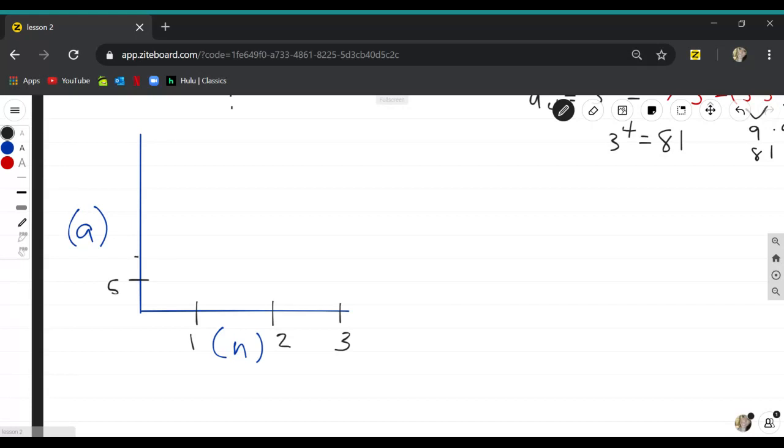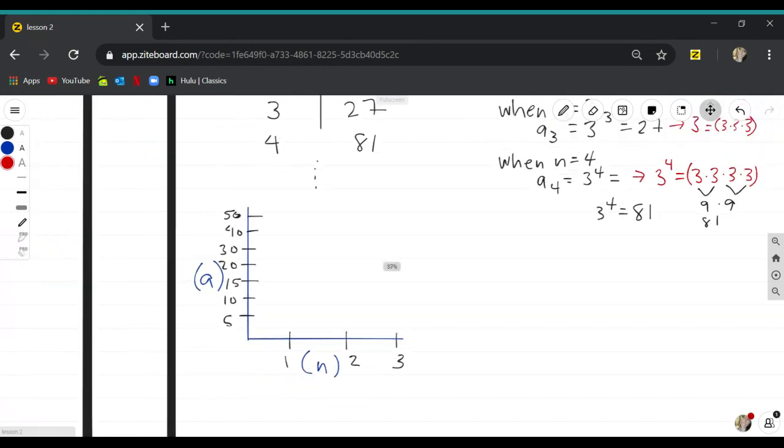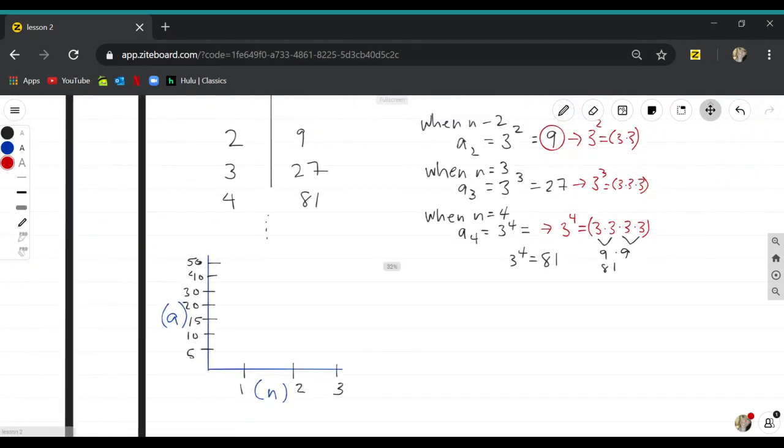So 5, 10, 15, 20. I'm doing it small because we have really large numbers. 40, 50. Probably won't go higher than that. Okay, so let's go ahead and graph it. I'm going to have both of my charts here at the same time.